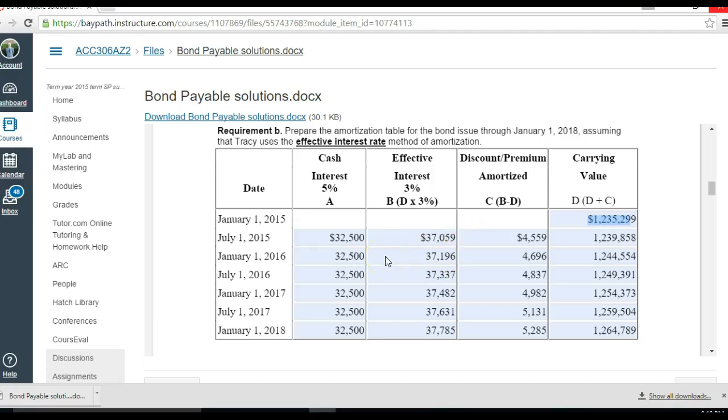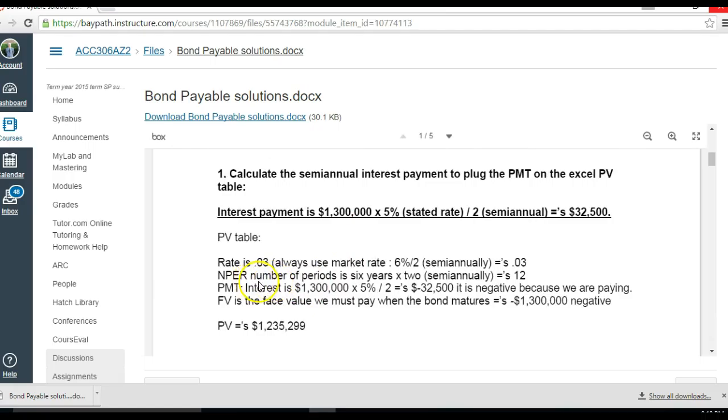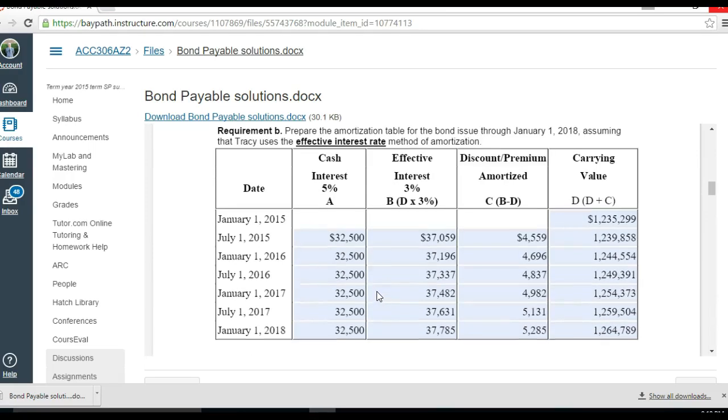The actual interest payment is $32,500, 5%, which we calculated right here. That stays constant. Every 6 months, we're paying out $32,500. But the actual interest, effectively, we're paying is $37,059.